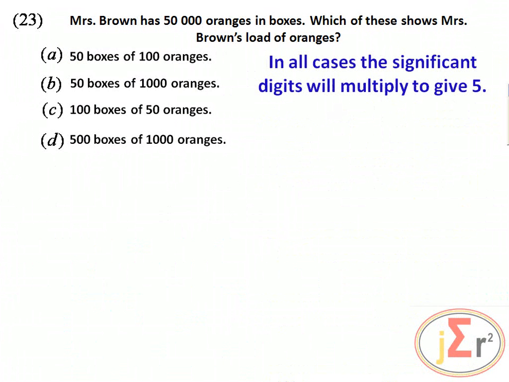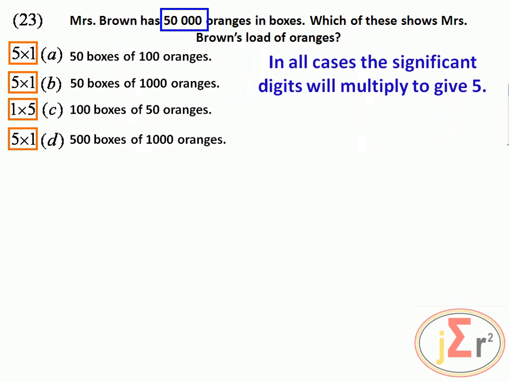In all cases, the significant digits will multiply to give 5. Right, so in every single one of these options, we have 5 and 1, 5 and 1. So in all cases, they will multiply to give 5.